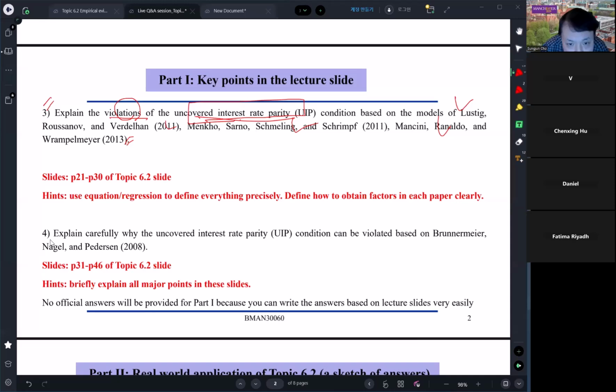And then given that regression, we know the profitability of the carry trade strategy. So you're going to talk about how to implement that using the portfolio approach. And then given the portfolio approach, you're going to talk about these three models. So when you explain this kind of thing, you have to use equations and regressions and define everything precisely, just like what I just did in this review slide.